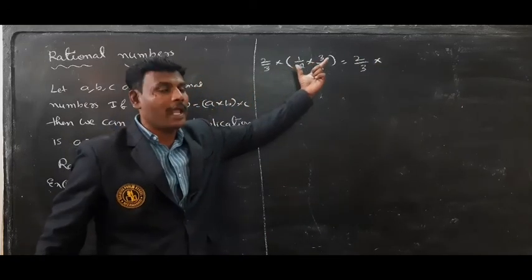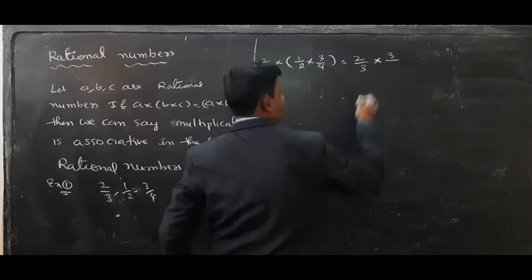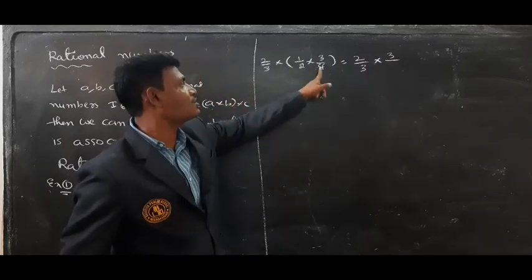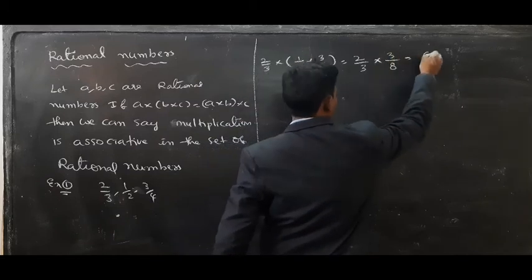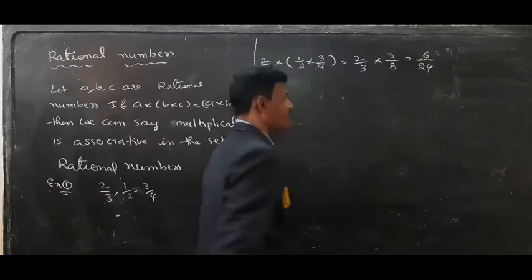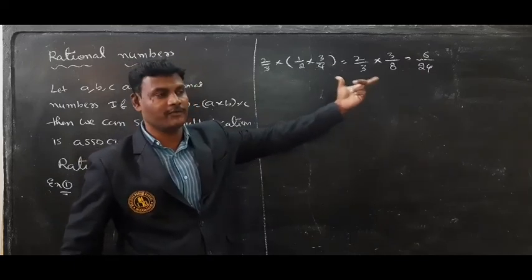Here I am multiplying numerators and denominators: 2 × 1 is 2, 3 × 2 is 6, so 2/6 × 3/4: 2 × 3 is 6, 6 × 4 is 24. So the product of this one is nothing but 6/24.